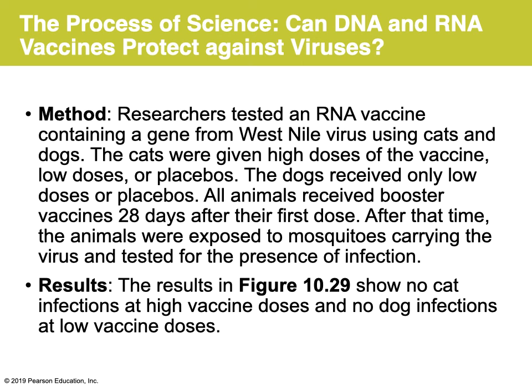After that time, they then exposed these animals to mosquitoes known to carry the virus and then see if they became infected, right? So if they became infected, then the vaccine did not protect them. So in the next diagram, you're going to see no cat infections at high vaccine doses and no dog infections at low vaccine doses.